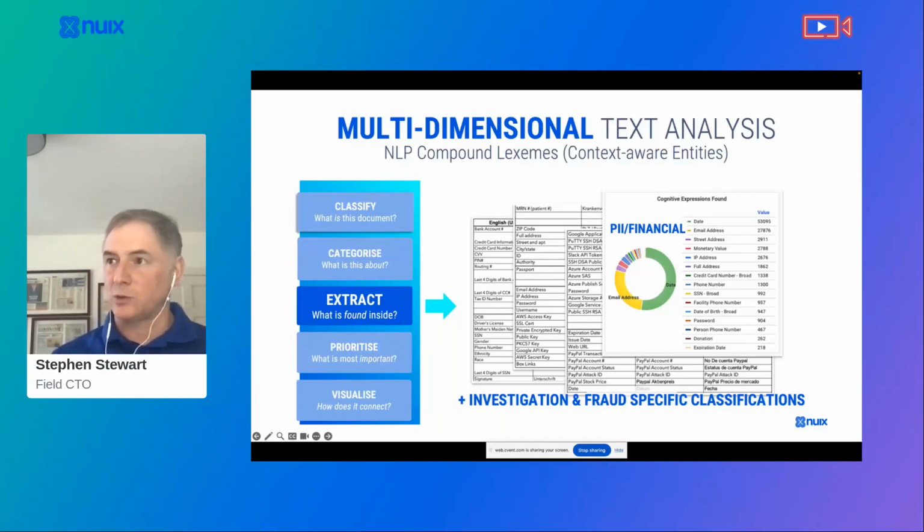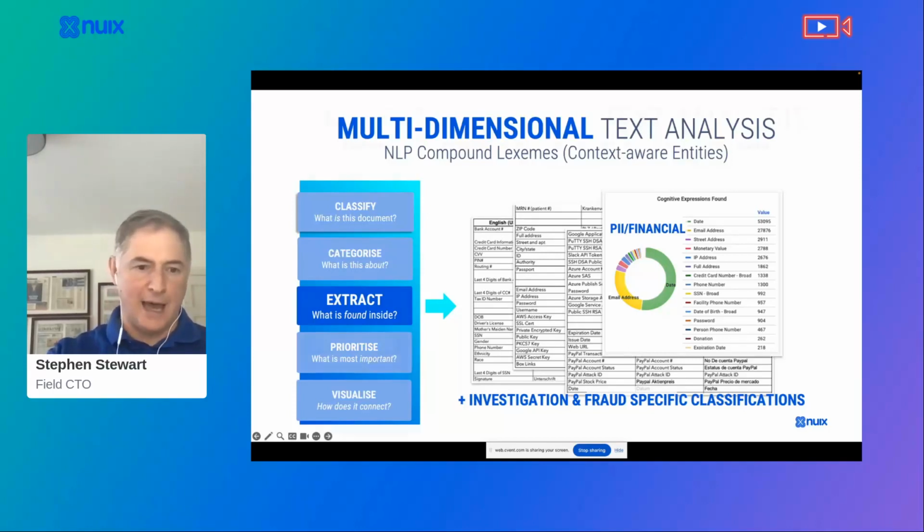And this contextualization and fact extraction is really what drives our knowledge graph expertise. For years, we've been talking about how to do this better. And through the addition of NLP and our context-aware entities, we are really able to nail a highly reliable and curated knowledge graph.